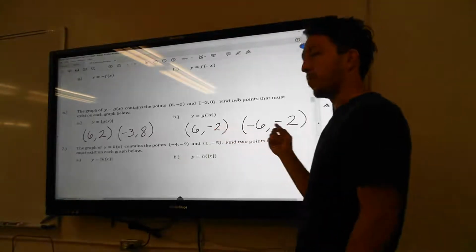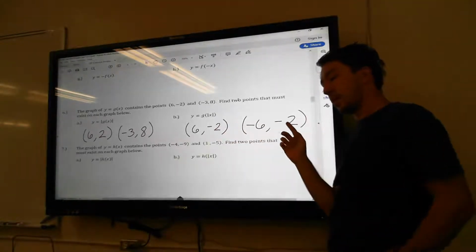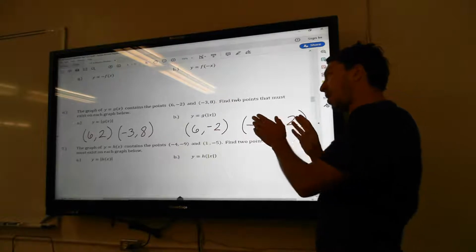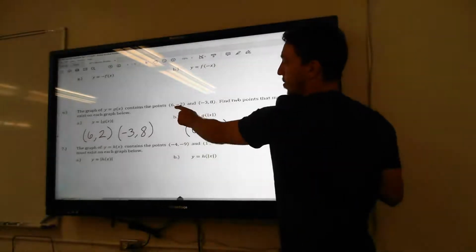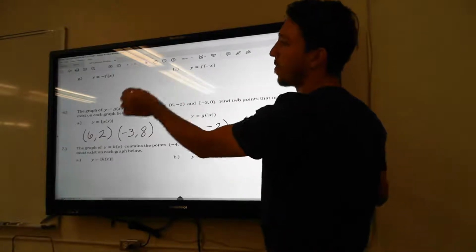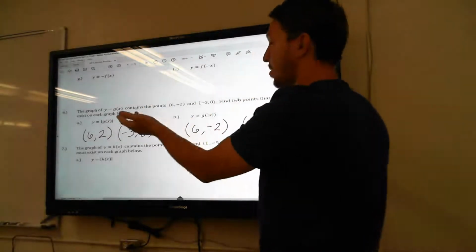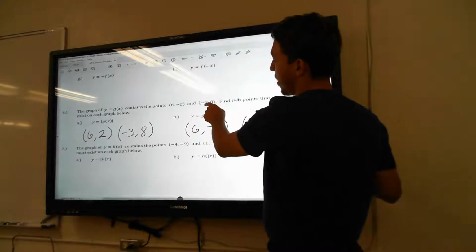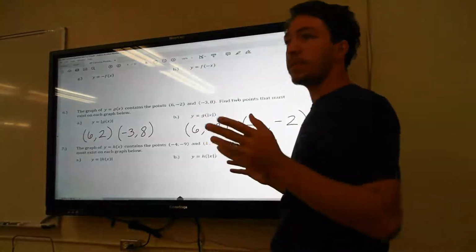This is a really weird one. What this does is any point that had a positive x value is copied over to the left-hand side, mirrored, reflected over the y-axis. And then any point that had a negative x value is just erased.